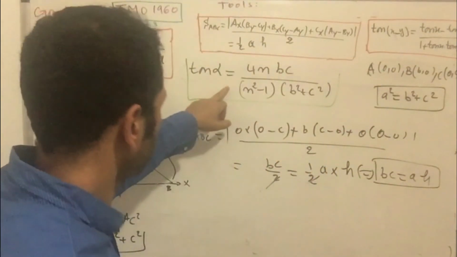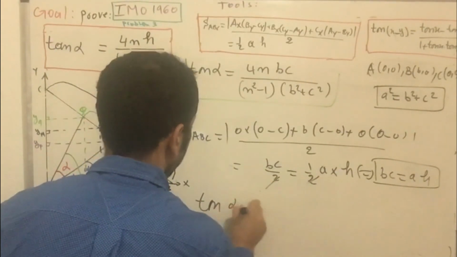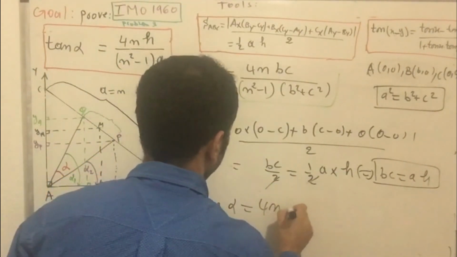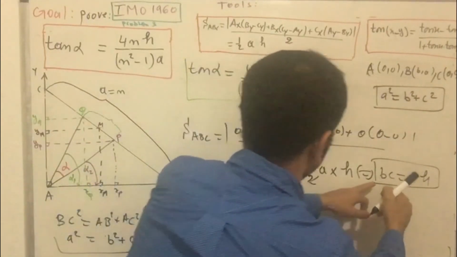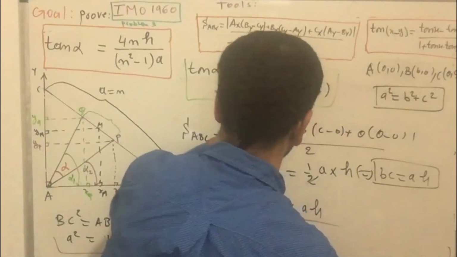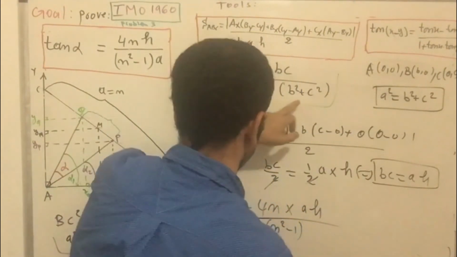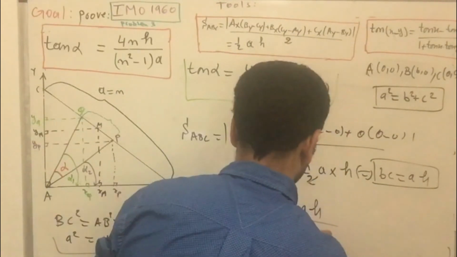Now let's plug into our expression. So tangent alpha equals 4n multiplied by ah over (n square minus 1). b square plus c square is a square.